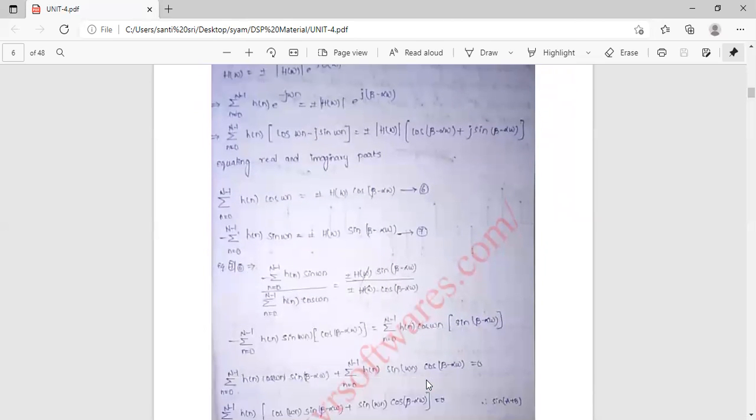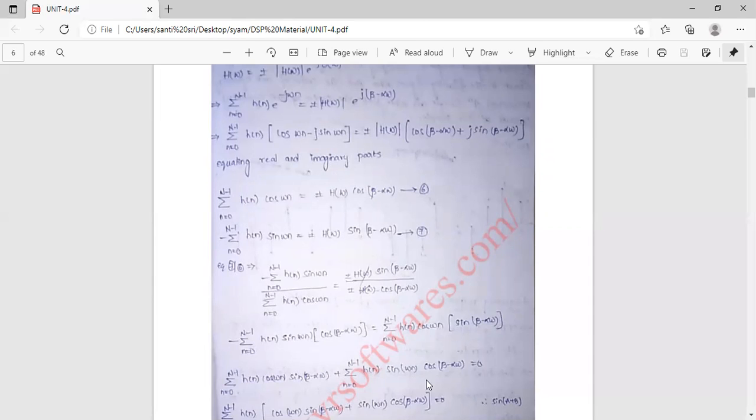Dividing equation 7 by equation 6, we get minus sigma h of n sin omega n by sigma h of n cos omega n equals sin of beta minus alpha omega by cos of beta minus alpha omega.